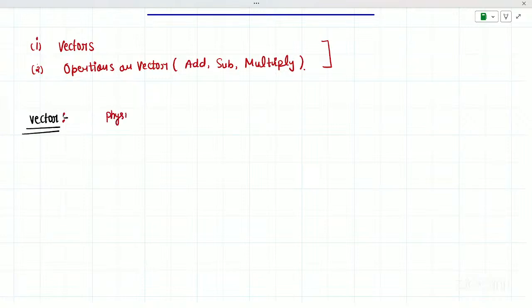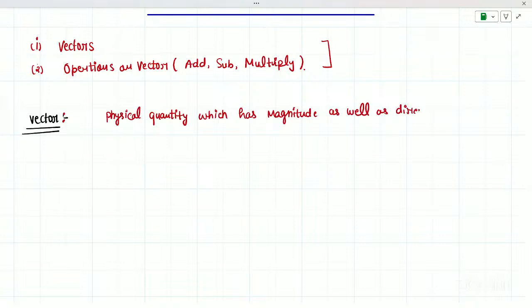a physical quantity which has magnitude as well as direction. So any physical quantity we have, if it requires the direction also to define it, then this will be categorized as a vector. Okay.